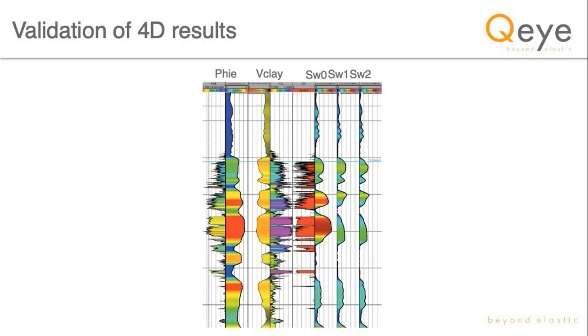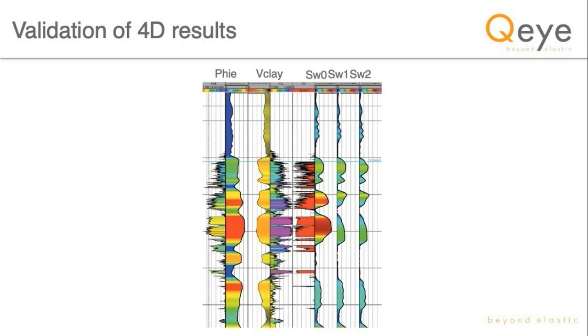We can then move on and try to validate the 4D inversion results. Again, if we start at the left-hand side, porosity: the curve on the left-hand side is the original well log curve, and the right-hand side is the initial porosity estimation. So you see a good correlation between the two. The next column is V-clay, same thing.